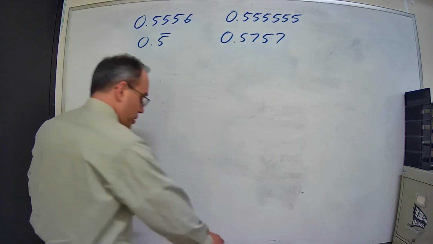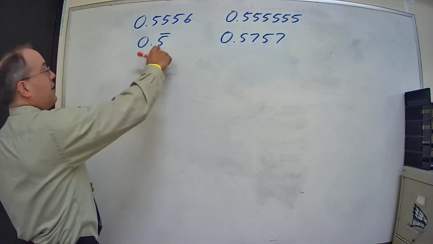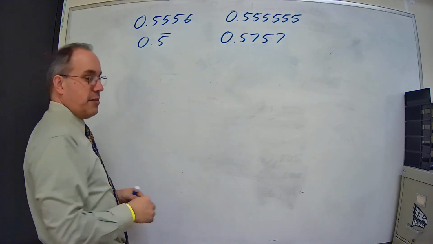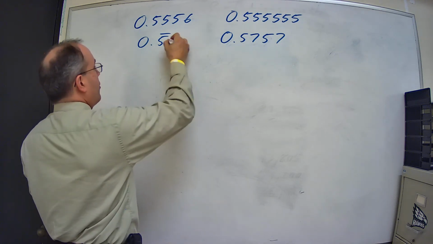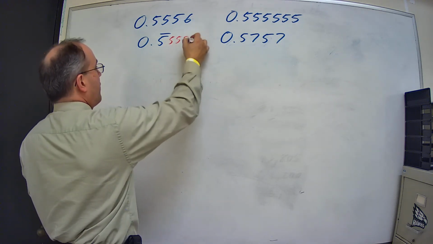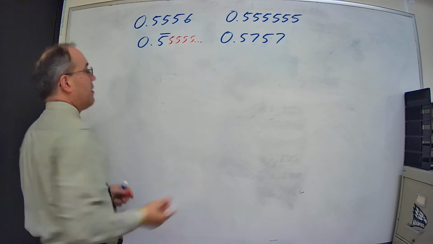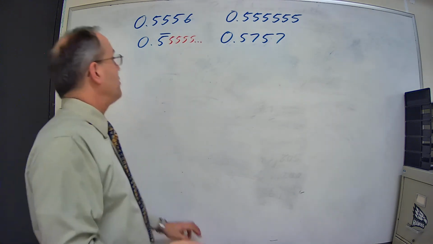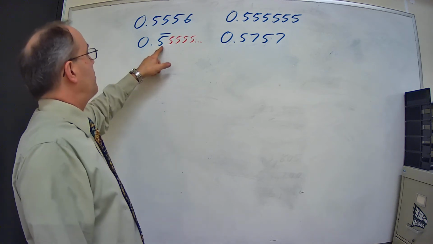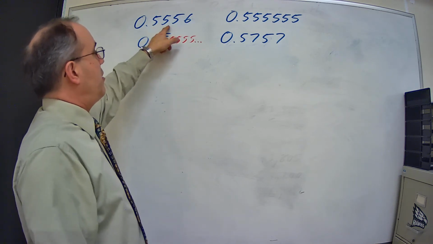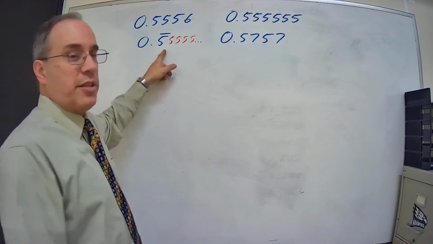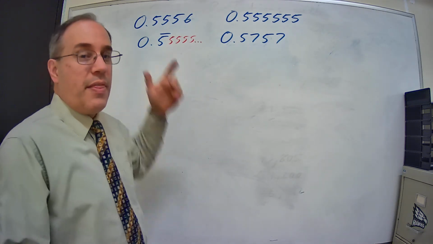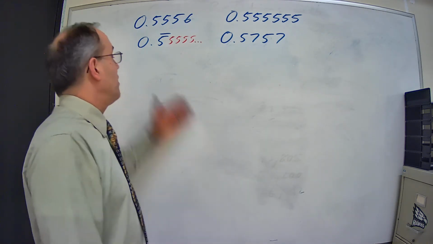One of the most important things to keep in mind is if we have a repeating decimal like this, that it really has more of that number coming. Don't fall into the trap of saying, oh, well, there's a 5 there, this one goes on to another number, these go on, so this must be the smallest one. That's not the case.